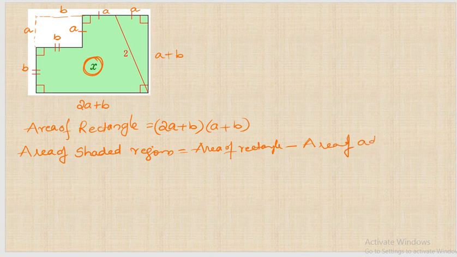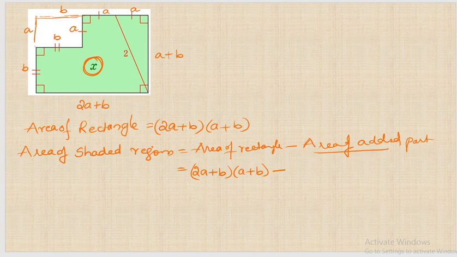So the area of the rectangle is 2a plus b into a plus b, minus the area of the added part. This is the part which I have considered.